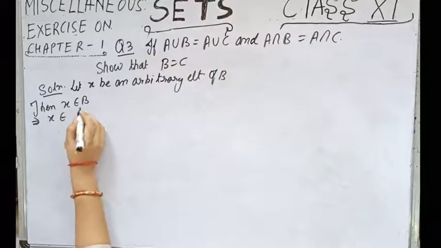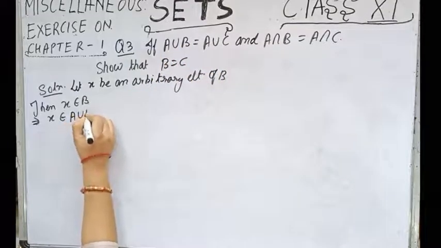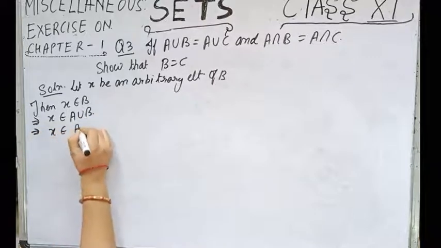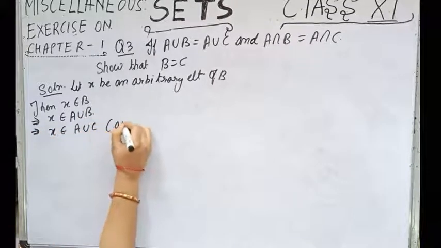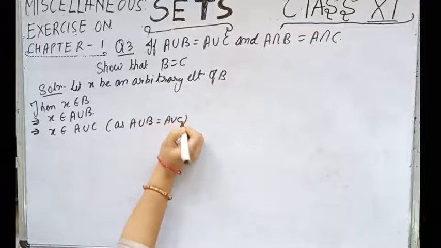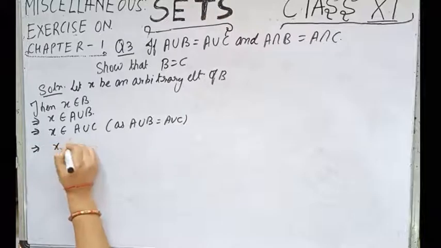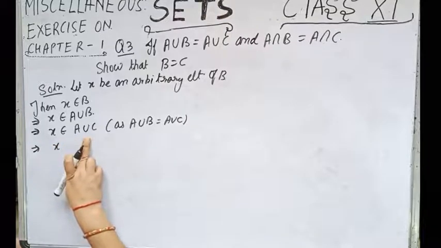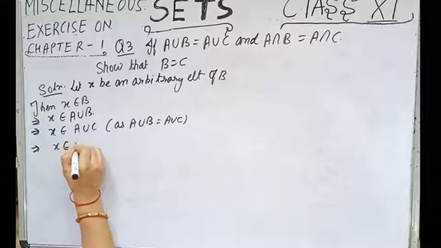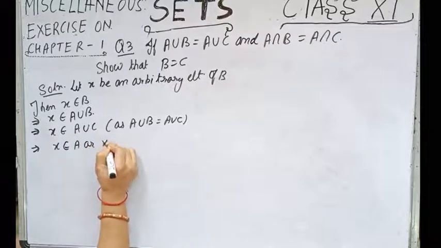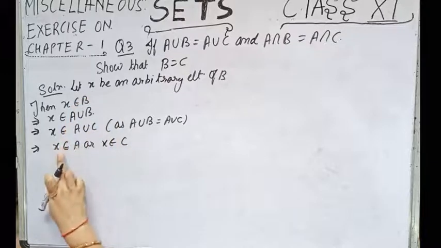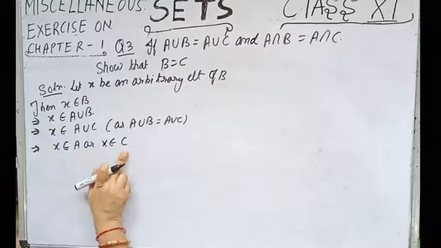So obviously we can write X belongs to A union B. This implies X belongs to A union C, as A union B equals A union C. This implies X belongs to A or X belongs to C.